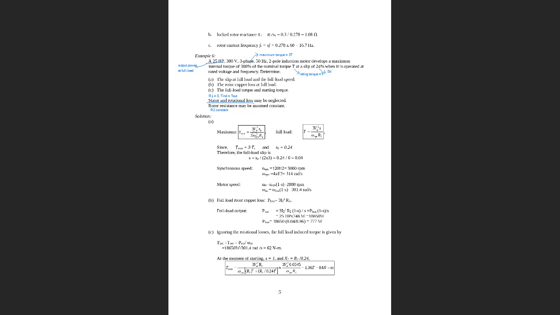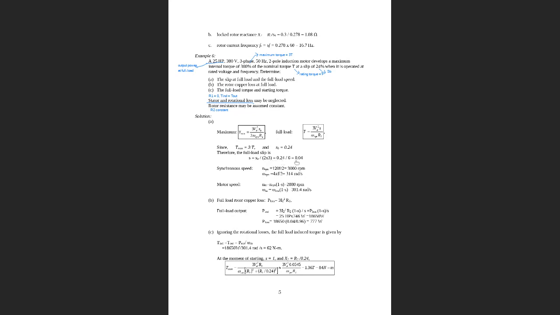Because V is the same, synchronous speed is the same, and R2 is the same, they cancel each other. So we bring the formula here to here, and we find the full load slip is related to the breakdown slip S_B divided by 2 times 3.